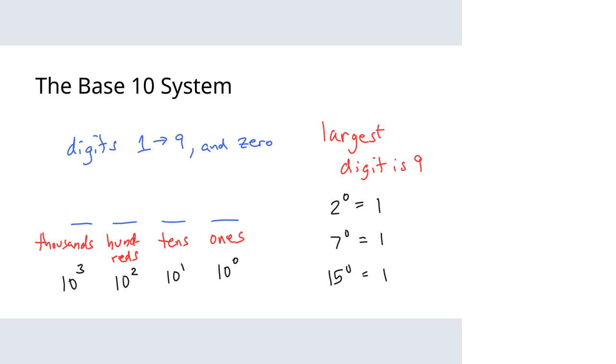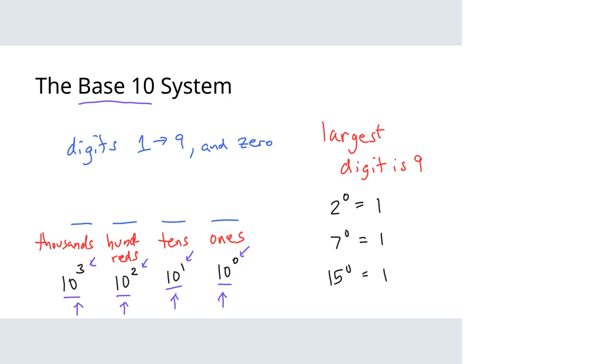And so the reason that this is called a base 10 system is we can write out the values of the place value positions with base and exponent, base and exponent, and every one of those bases is 10. That's why this is called a base 10 system.